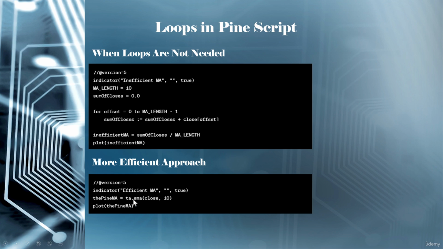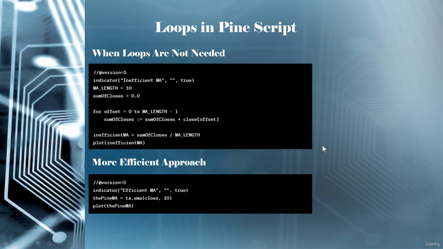Here we use the ta.sma function to calculate the simple moving average of the close price for the last 10 bars. This way we avoid using a loop and calculate the same value, the average close price for the last 10 bars.